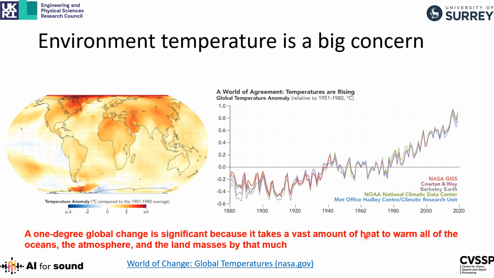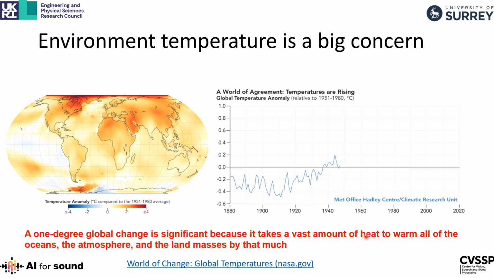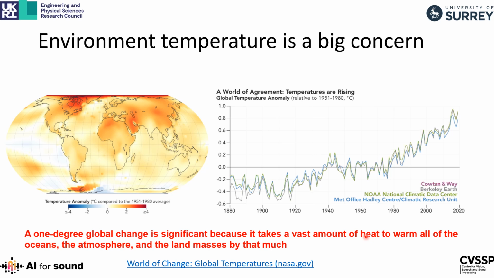So the limitations of AI models, which require sufficient resources to train, generate a significant amount of heat. It can also significantly contribute to this environmental temperature rise, right?